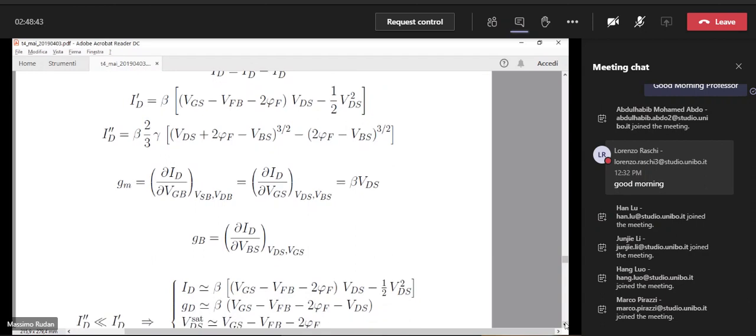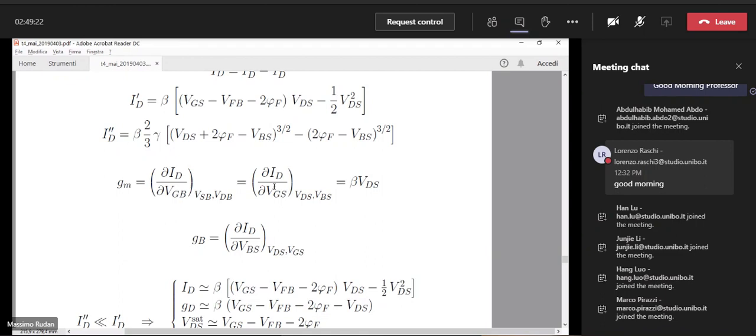One is the derivative of the current with respect to the gate voltage. We may alternatively calculate it with respect to the gate to bulk voltage while keeping VSB and VDB constant, or we may calculate it as the derivative with respect to VGS by referring to the source, keeping VDS and VBS constant.